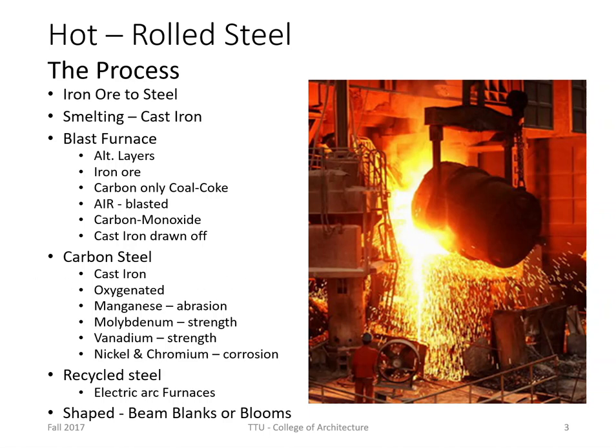Then this cast iron is converted into carbon steel. You take the cast iron and oxygenate it some more in an additional furnace, either a blast furnace or maybe an electric arc furnace, and then you add manganese for abrasion resistance, molybdenum for strength, and vanadium for strength.